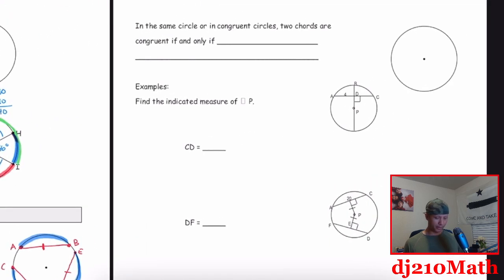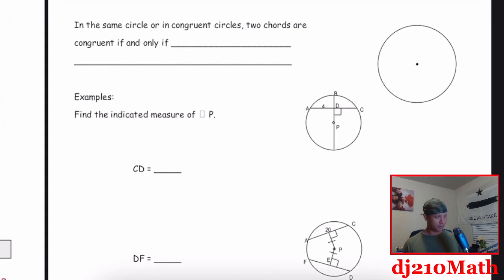Last page, then we have some examples. All right. In the same circle, or in congruent circles, two chords are congruent if and only if they are equidistant from the center.